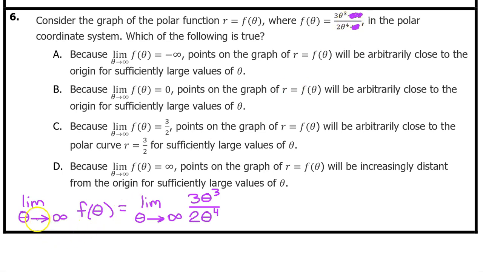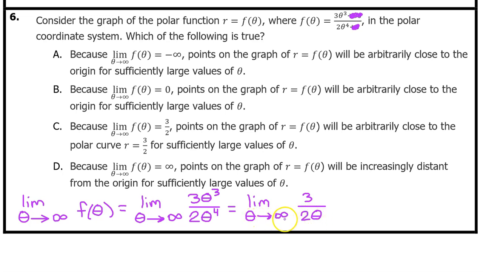So the limit as theta approaches infinity of f of theta will be the same as the limit as theta approaches infinity of 3 theta to the third power over 2 theta to the fourth power. This expression simplifies to 3 over 2 theta because 3 of the thetas in the numerator cancel out 3 of the thetas in the denominator, leaving 1 extra theta behind.